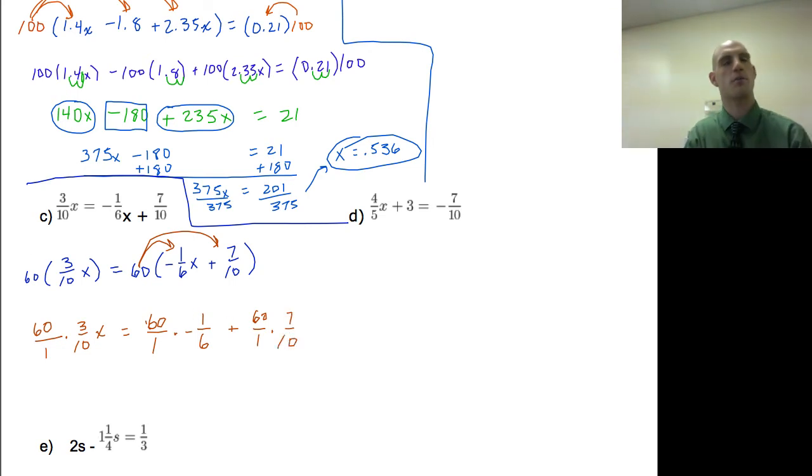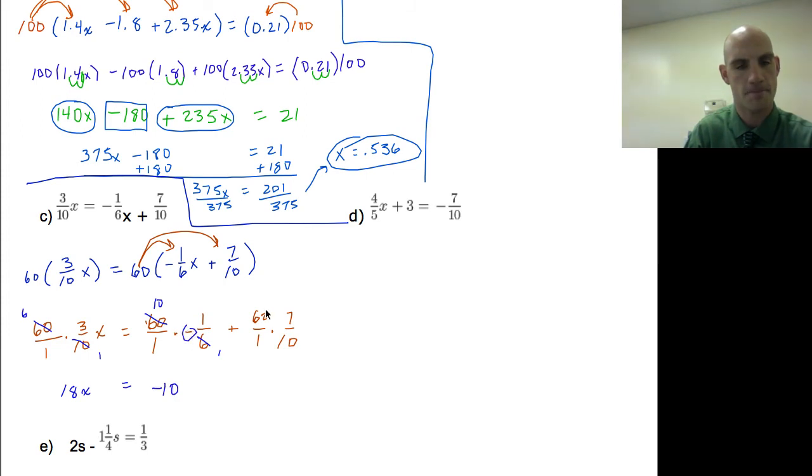And you'll recall that when we did this before, we would eliminate some of this numerator denominator stuff so that I didn't have to make it big just to make it small. And so 10 goes into 10 one times, 10 goes into 60 six times. So I've got 6 times 3, which is 18x equals, and I'm just going to go down the line. 6 goes into 6 one time, 6 goes into 60 10 times. So this will be negative 10.